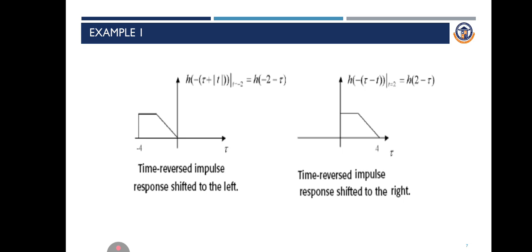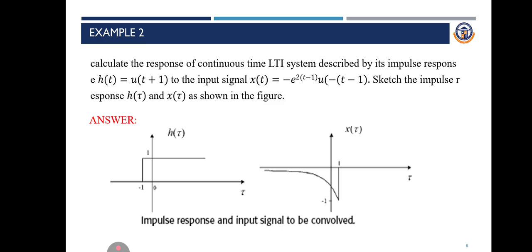This is the time reversed impulse response shifted to the left, and the second image is the time reversed impulse response shifted to the right. On the left we have h of minus 2 minus tau, and on the right h of 2 minus tau.